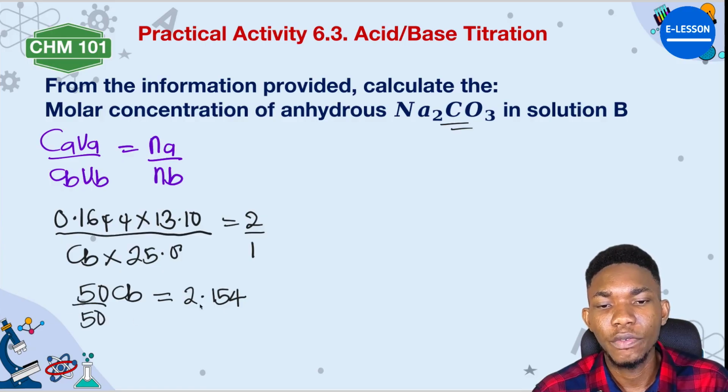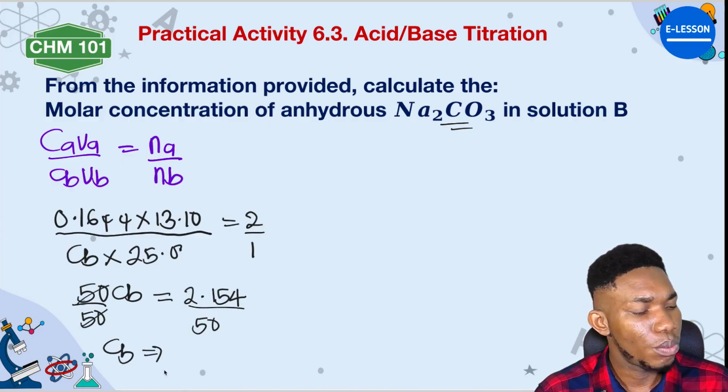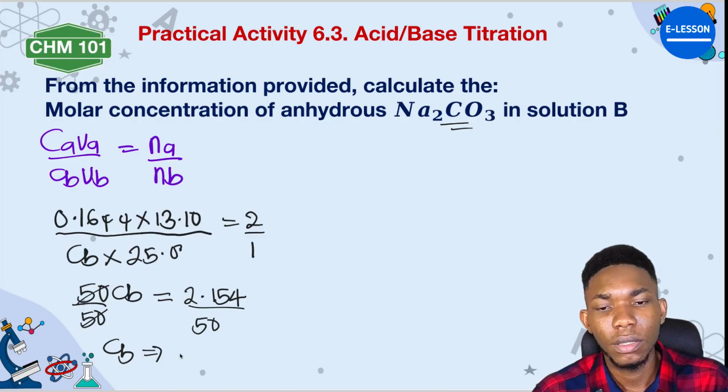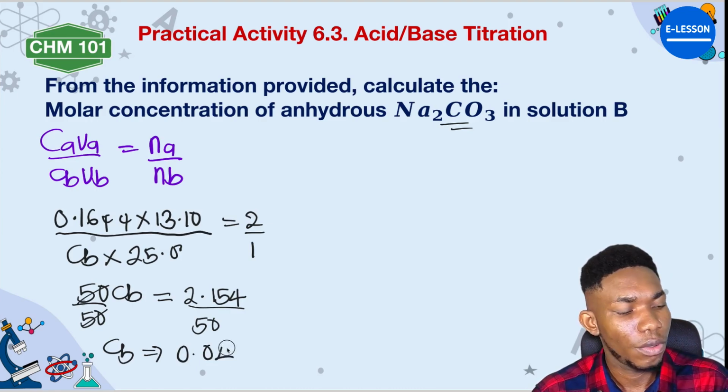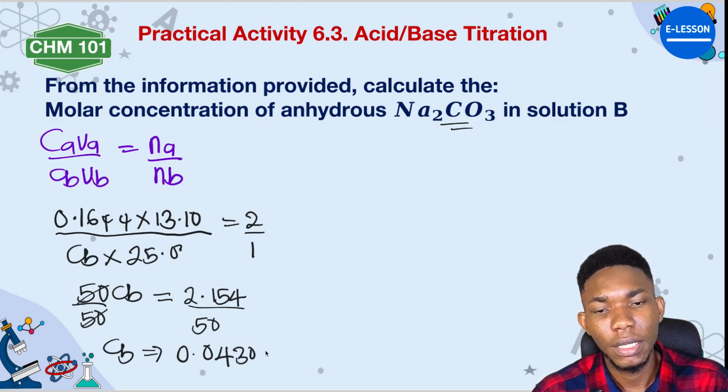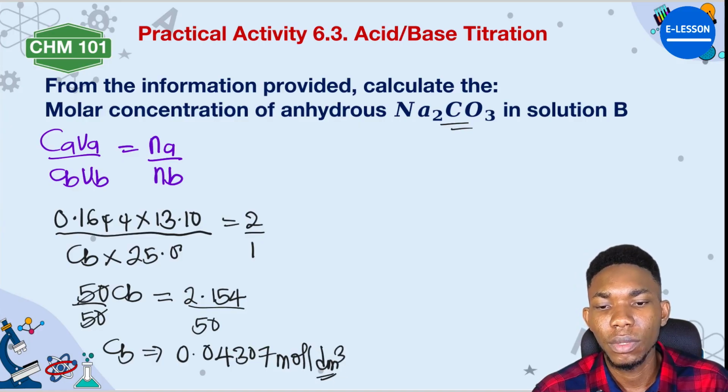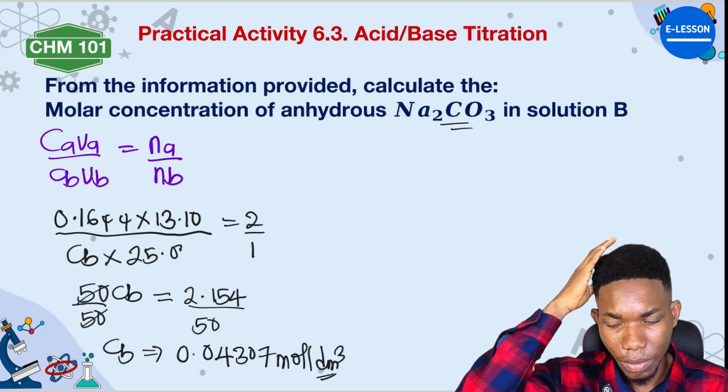Divide both sides by 50. 50 cancels 50. CB will be 2.154 divided by 50, which gave us 0.04307. This is the concentration of the base in mole per dm cube. Concentration of the base in what? In mole per dm cube.